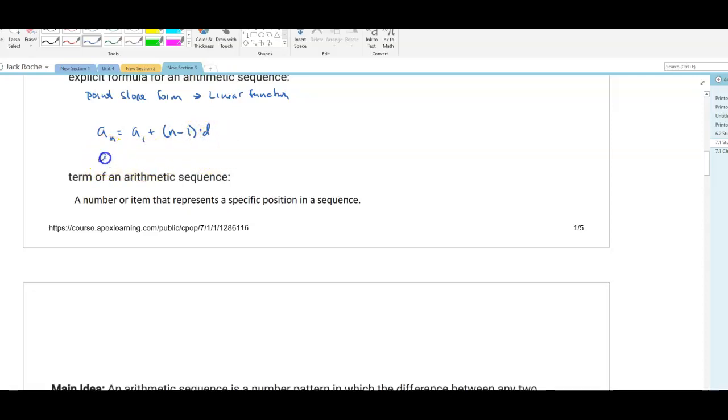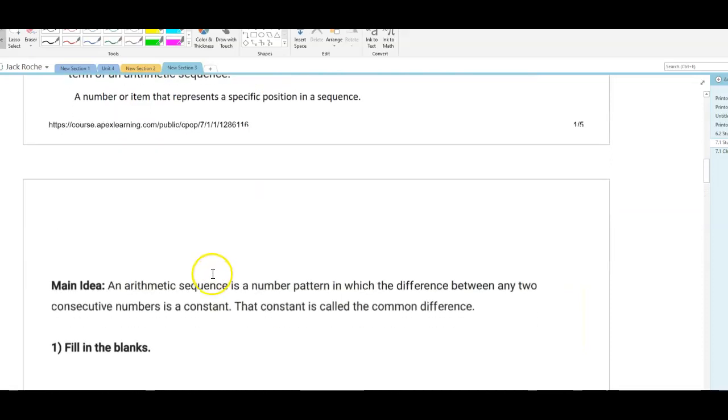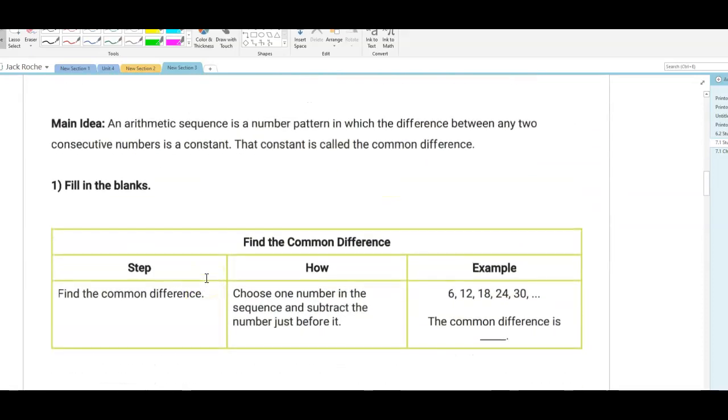I actually like to see it as a sub n equals your common difference times n minus 1 plus your first term. We'll talk about that a little more in an example. This mimics your point-slope form a little more closely, because d acts as your slope. So the term of an arithmetic sequence is a number or item that represents a specific position in a sequence. If you have to pause the video, write those down, go ahead.